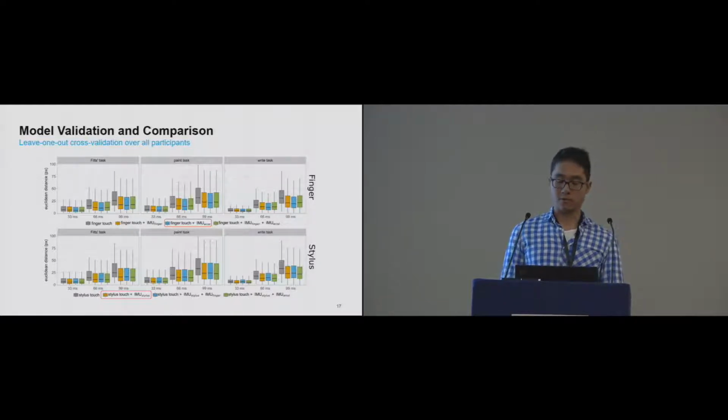And the best model for finger input is using the IMU which is placed on the wrist. And for the stylus input, the best model is the one that has the IMU on the stylus itself. The average prediction errors in pixels are about 9, 21, and 35 on average for the 3 prediction levels 0, 33 milliseconds, 66 milliseconds, and 99 milliseconds.